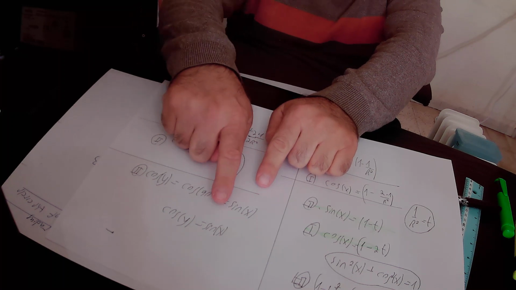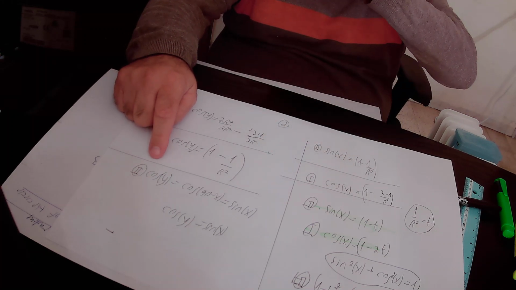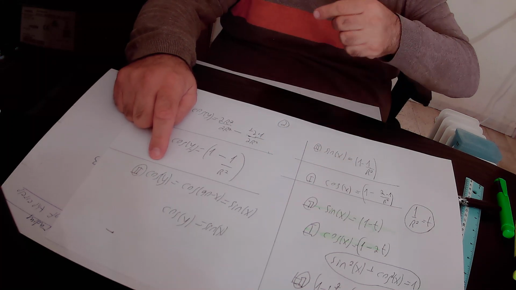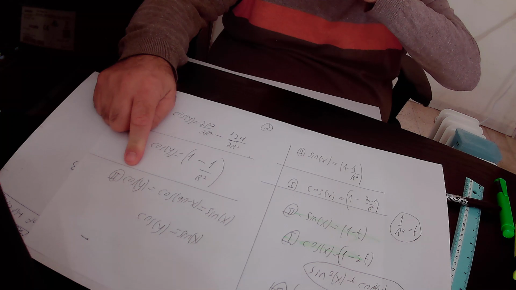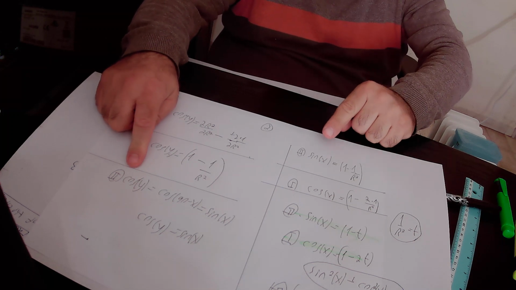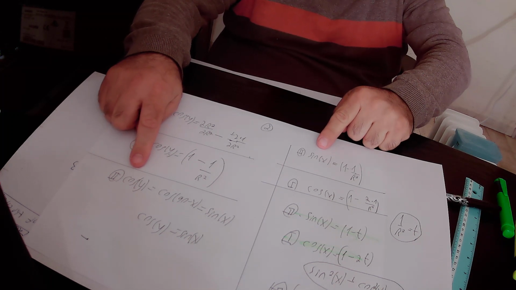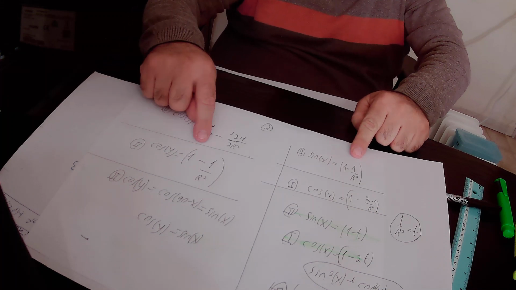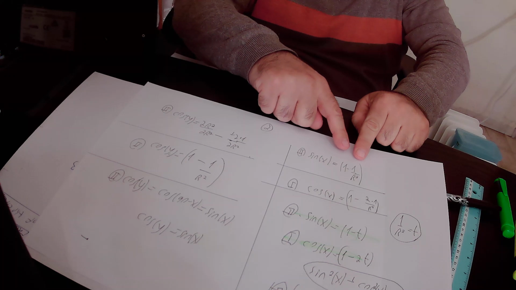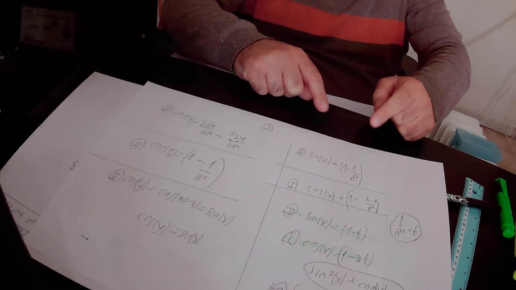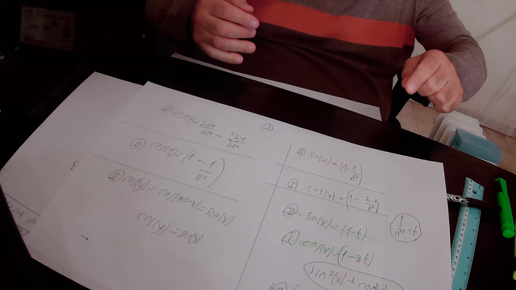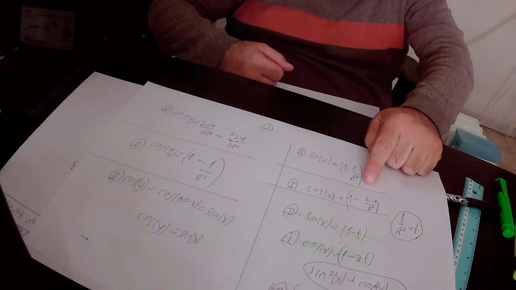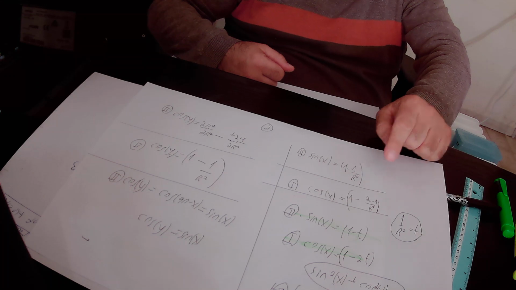Therefore we can substitute cosine y in equation number 2 by sine x. We did it, and we got that sine x is equal to 1 minus 1 over r squared. And according to equation number 1, we already found out that cosine x equals 1 minus 2 times 1 over r squared.